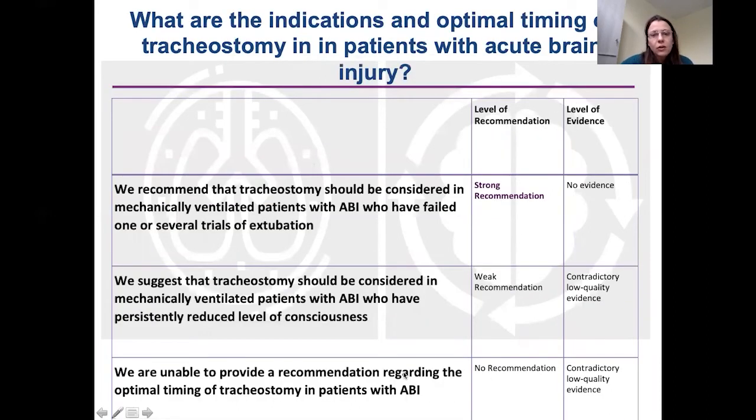And regarding the tracheostomy, again, there should be a whole consideration of the neurological status and its trajectory. But the big question which is still ongoing is which is the perfect timing for performing a tracheostomy, early versus late tracheostomy.